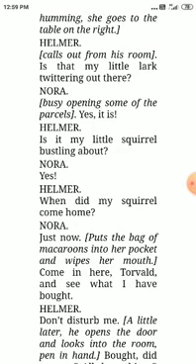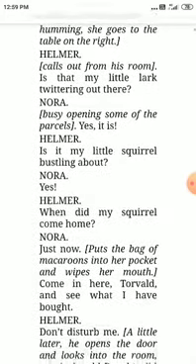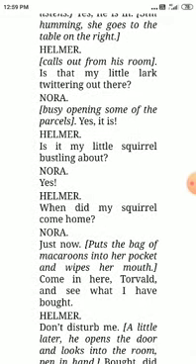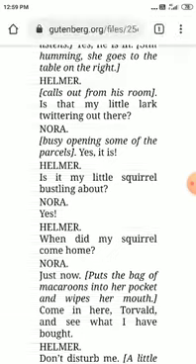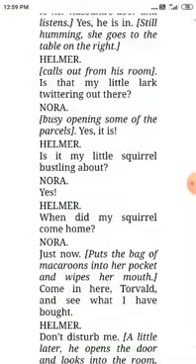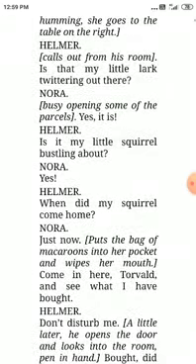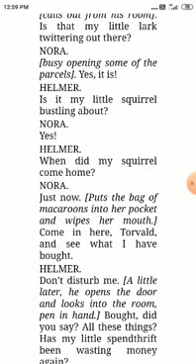So you note, as we are reading the play, certain things: this is the first conversation between Helmer and Nora, that is husband and wife, and he calls her a lark, and he calls her squirrel, and he calls her pet and all that, but he never calls her Nora throughout the play except for one or two times.